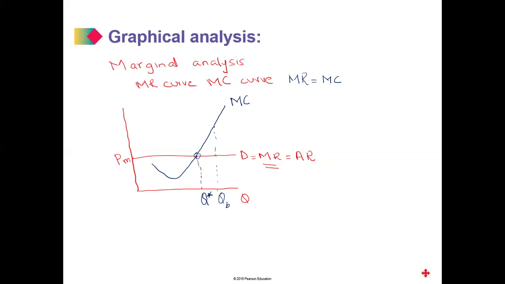The marginal cost point is greater than the marginal revenue point. So over here, marginal costs are greater than marginal revenue. So this cannot be the best output, because when marginal costs are greater than marginal revenue, this means that profits are decreasing.